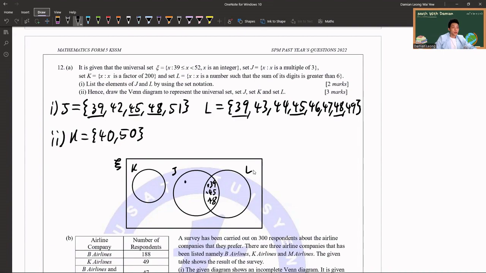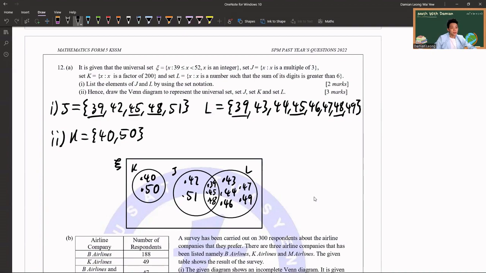Then in J, I also have 42 and 51. In L, I still have 43, 44, 46, 47, and 49. And K, I have 40 and 50.